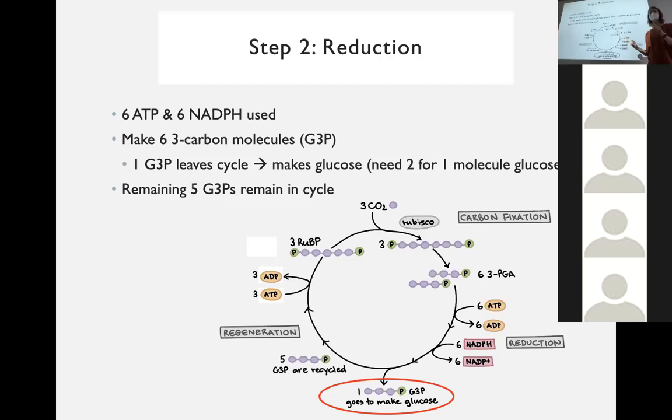So basically, photosynthesis is really inefficient. It's like super inefficient. So you need 5 of these just to go back to make these 3 RuBPs. That's why it's called the regeneration step, which I'll get into next. So to regenerate these 3 RuBPs at the end, you need 5 of these.